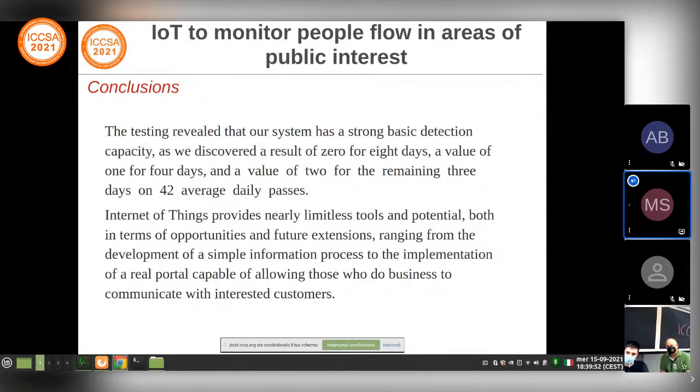The Internet of Things offers virtually infinite tools and possibilities. I mean, both in terms of prospects and future extensions, ranging from the establishment of a basic information process to the installation of a true portal capable of allowing business owners to connect with interested consumers.